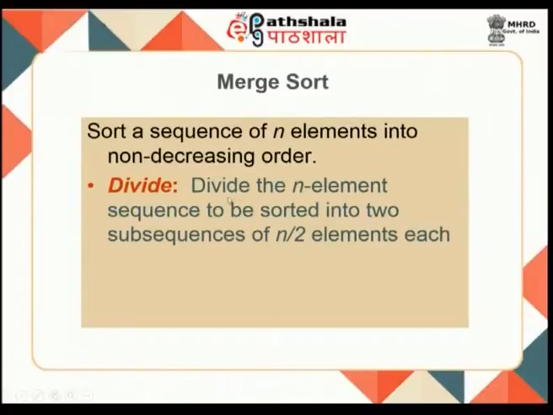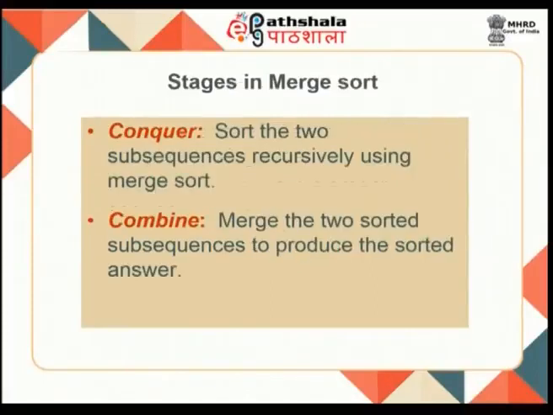So we will try to divide the n element sequence into two subsequences of n by 2 elements each. So that means we are breaking the problem into smaller problems. Then we are trying to solve the smaller problems.